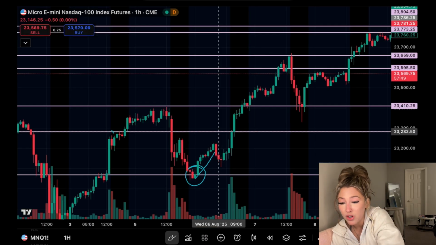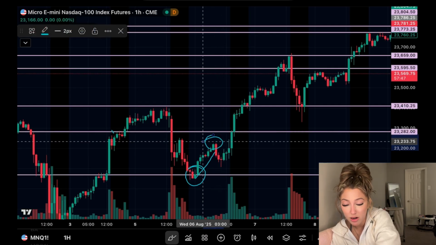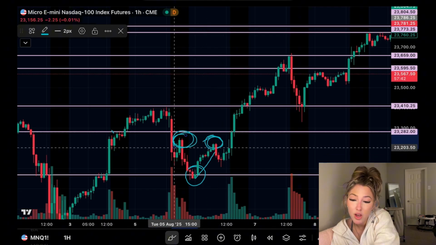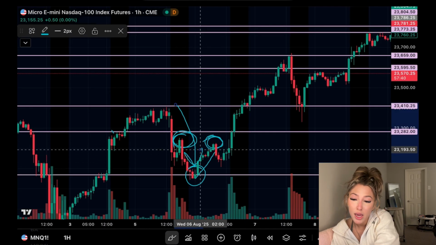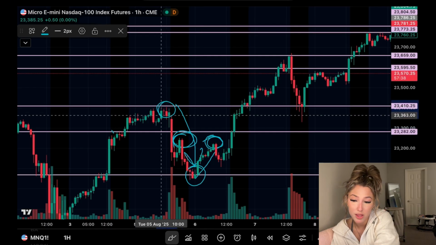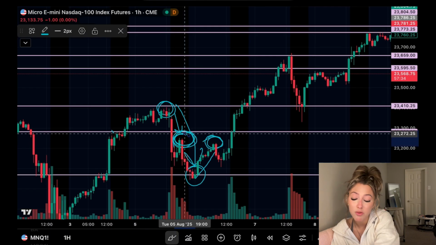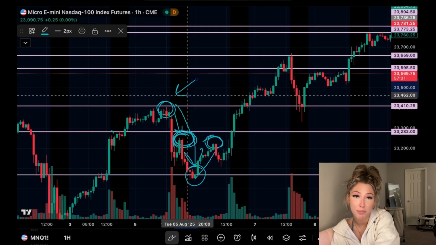So we don't enter here. We don't enter here because this candle didn't close above this lower high in this downtrend. So the downtrend started with this top, and then it made another high, but the high was ultimately lower than the top of it, which means it's still trending downward.